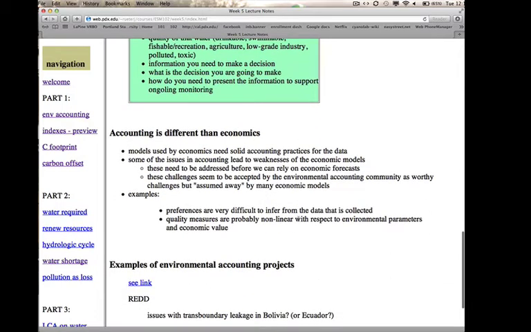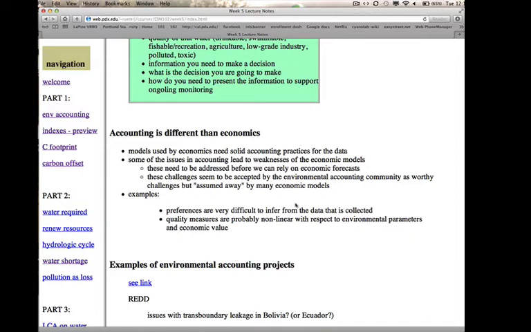Okay, I also want to explain that accounting is different than economics. In order to do economics, which might focus on economic and social valuations of particular environmental resources, it really has to be based a lot on strong accounting principles to find that information and compile it and make it available so that that can be studied.